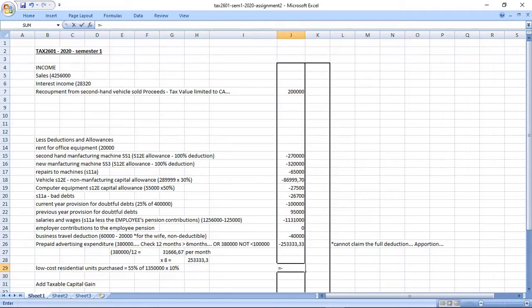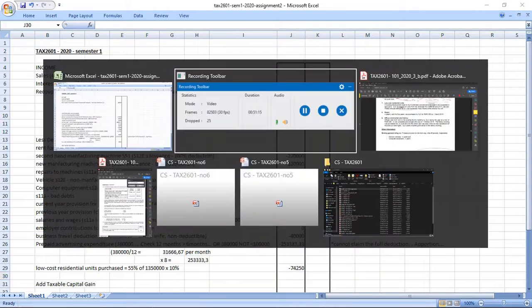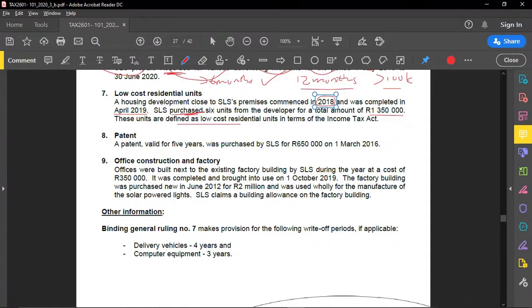Remember, it's a deduction, so negative, in other words, in brackets. Okay, 10% is the deduction of the 55% of that amount because this was acquired. Next question.